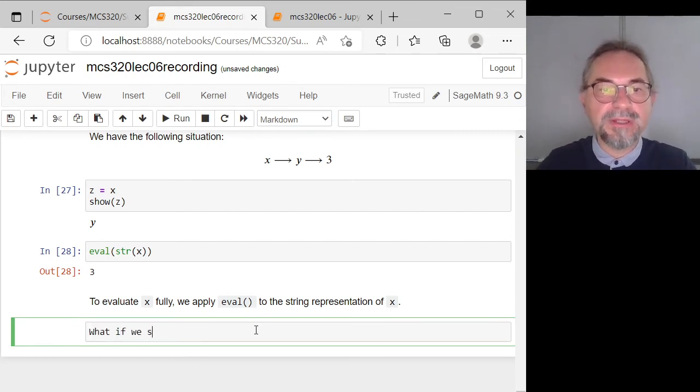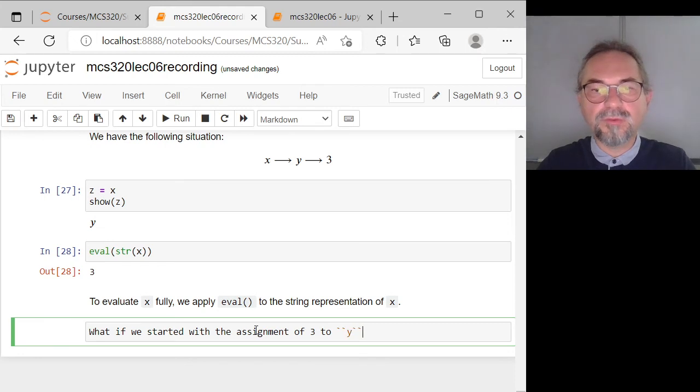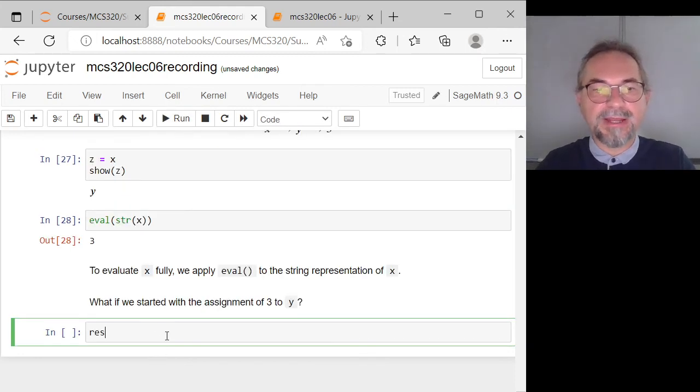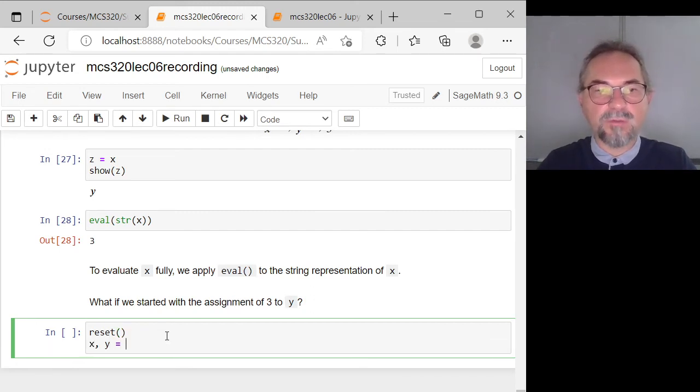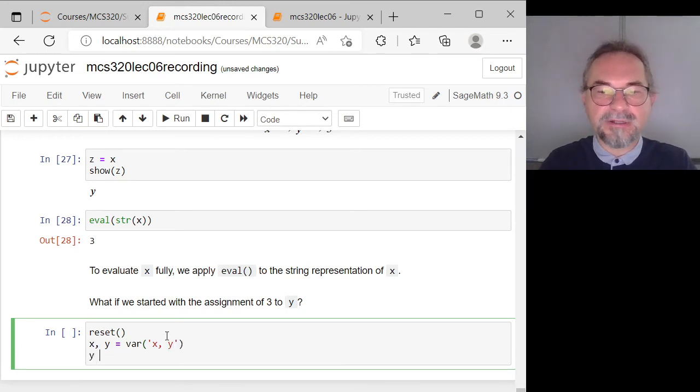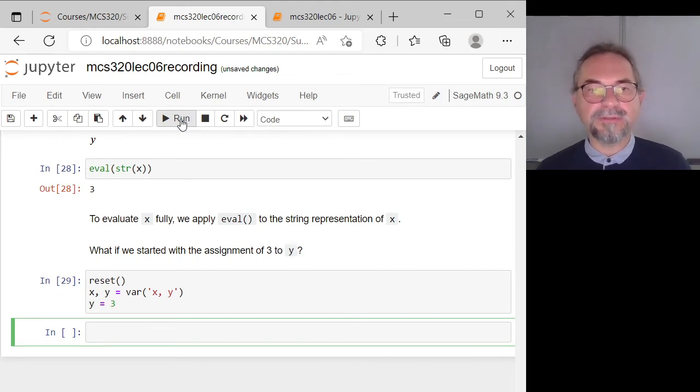So what if we started with the assignment of 3 to y? So we re-begin again. I do the reset. I have x and y, my two variables, and I start with y equals 3.